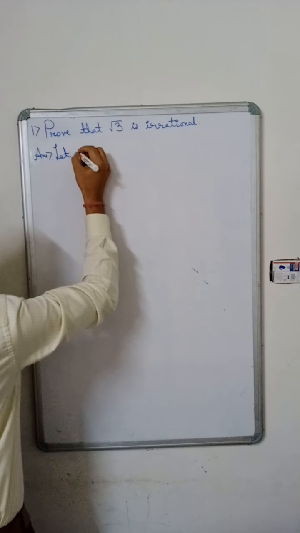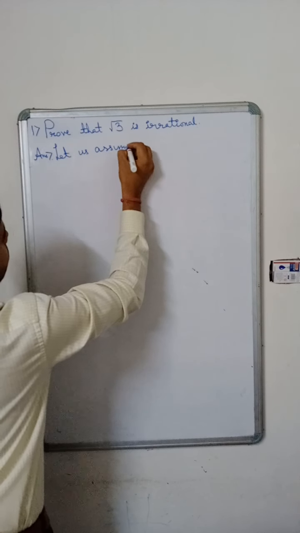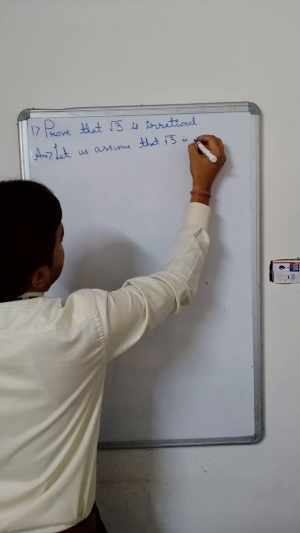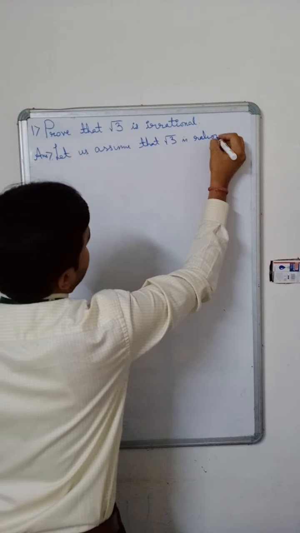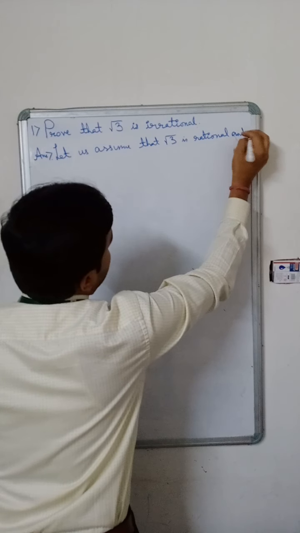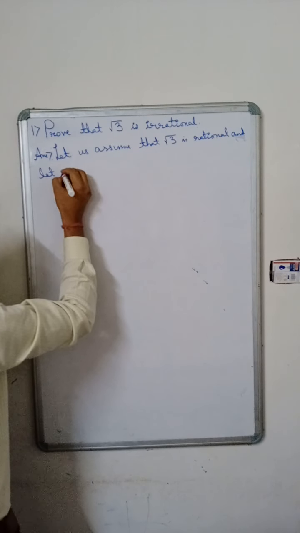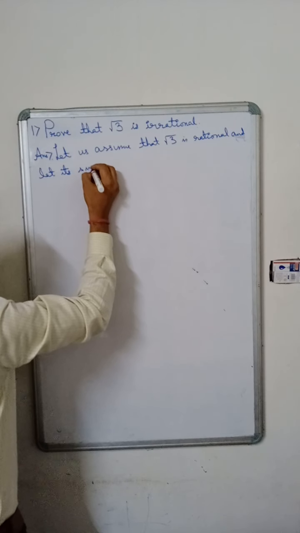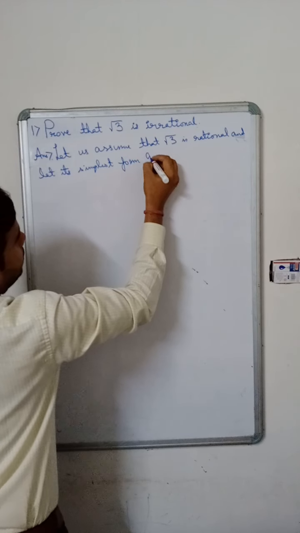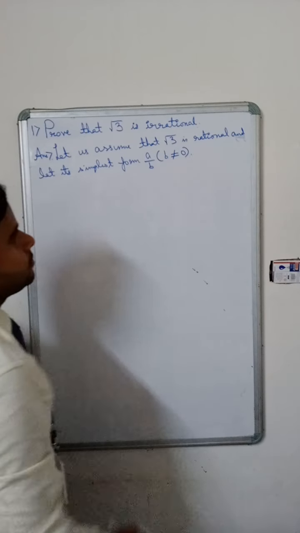Let us assume that root 3 is rational and let its simplest form be a by b, where b is not equal to 0.